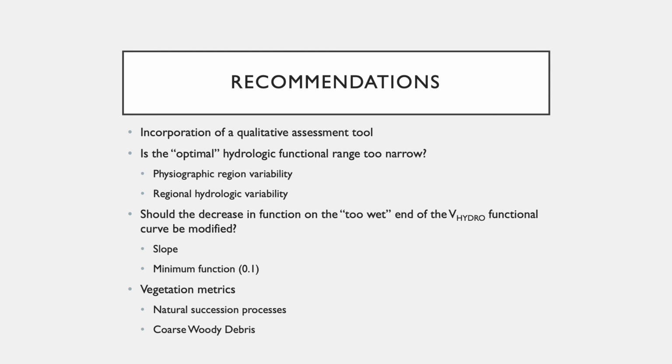And so is there some sort of incorporation of maybe less desirable species that may come in and promote that evolution to a forested system, which may be beneficial to evaluate in regard to wetland function?